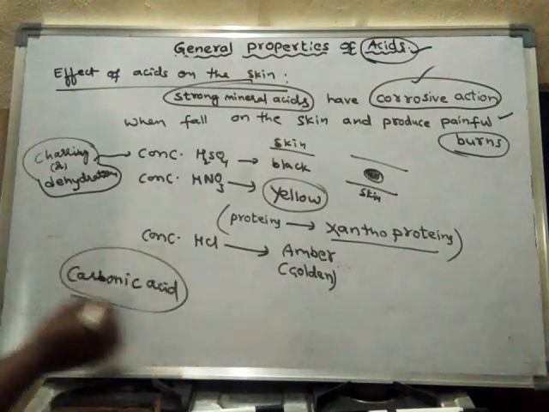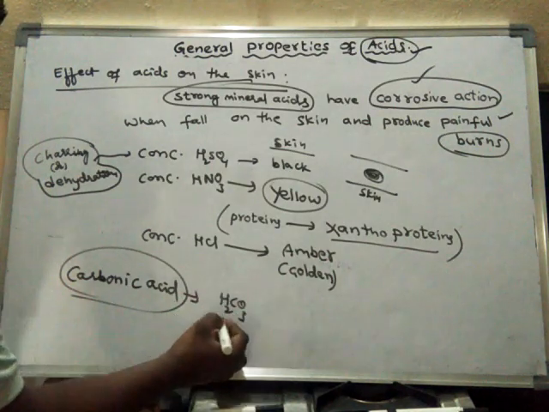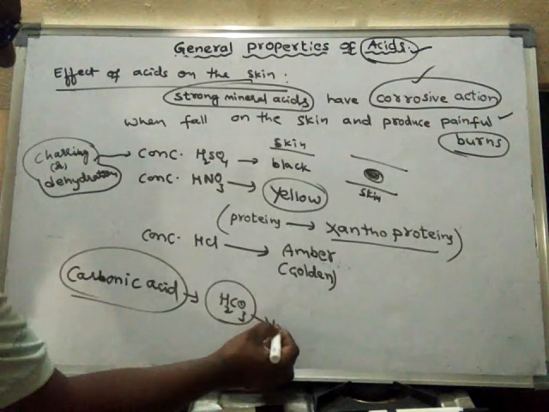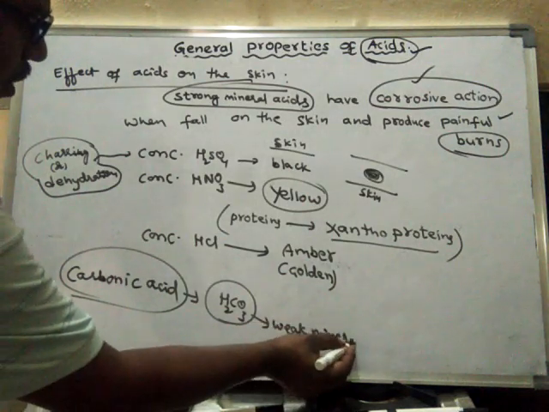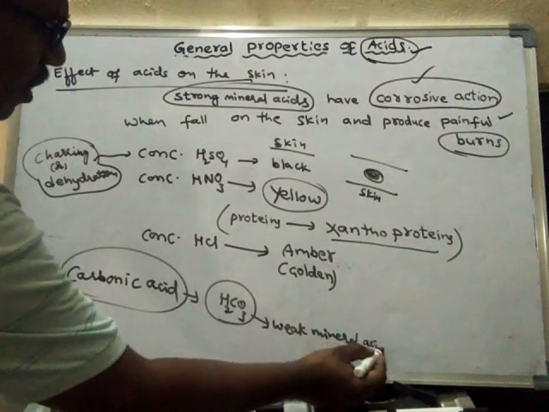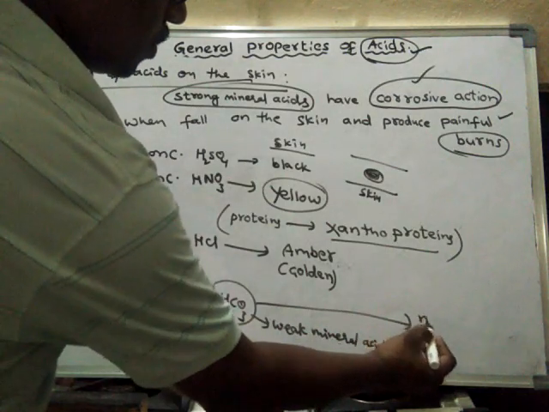What is the formula of carbonic acid? H2CO3. It is a weak mineral acid, and weak mineral acids are not corrosive.